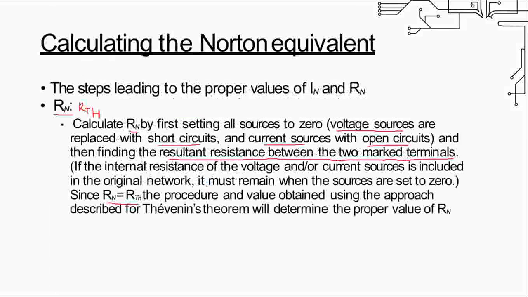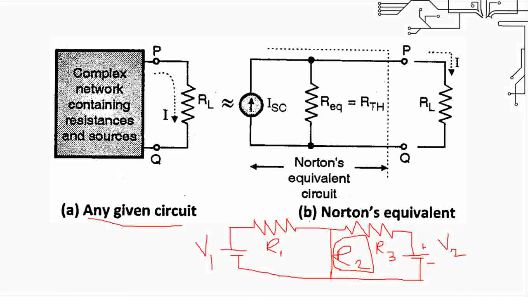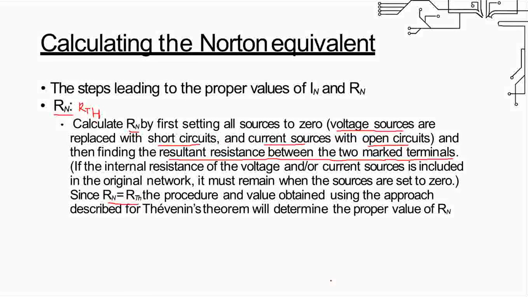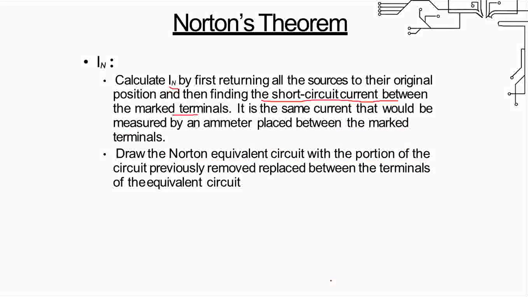Means, as I have told you, in this I had to find out the current through R2, so I have short circuited the branch by replacing the R2 with short circuit. शॉर्ट सर्किट करायचं असेल तर रेजिस्टन्स काढायचं आणि तिथं शॉर्ट सर्किट कनेक्शन करून टाकायचं, and that current will be your short circuit current ISC or IN. When we discuss the numerical on Norton's theorem, you will understand which current is called Norton's current or short circuit current.